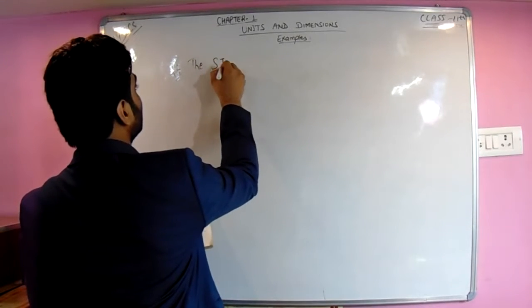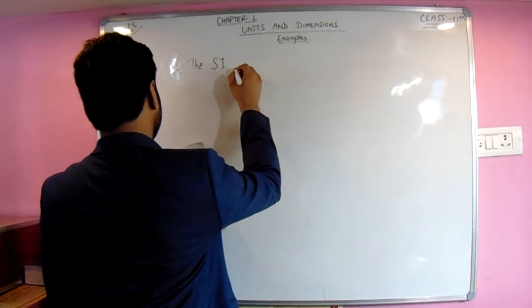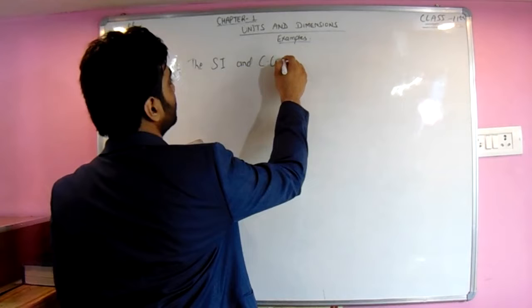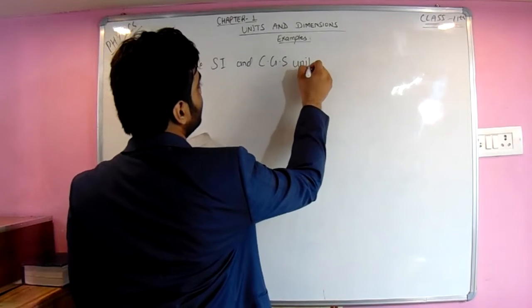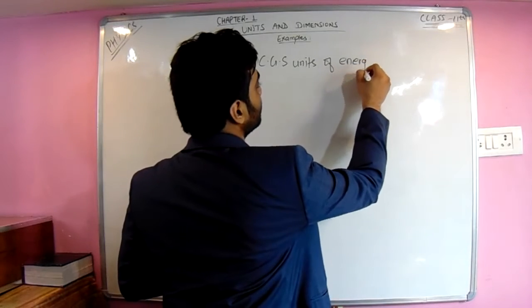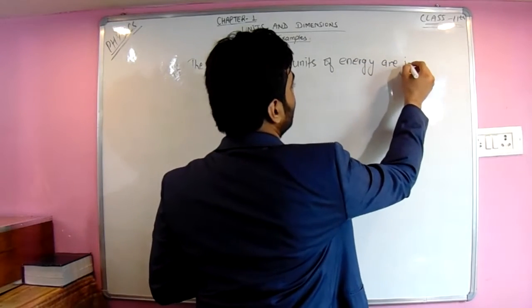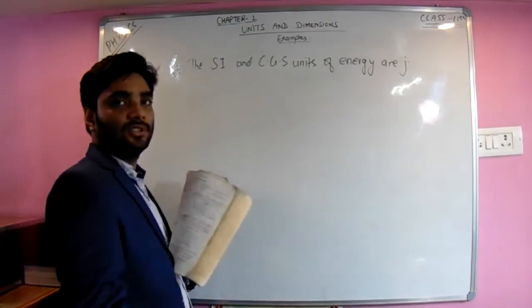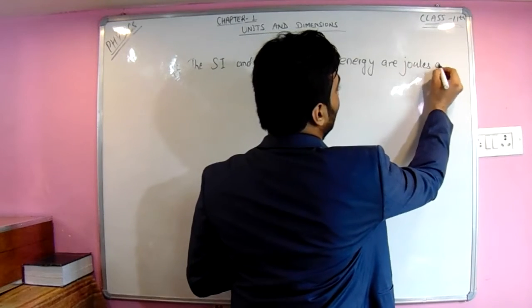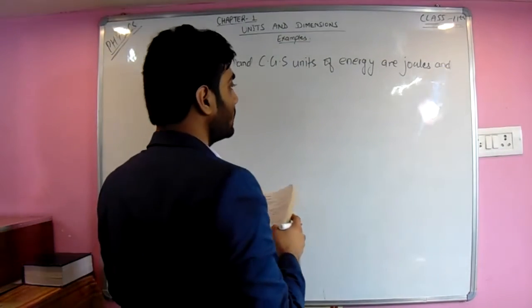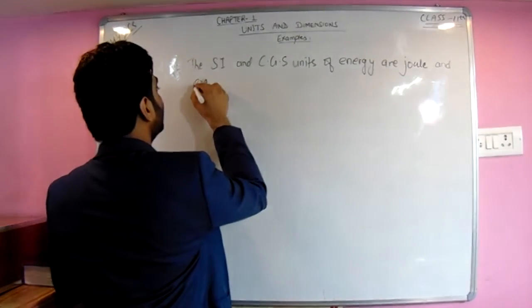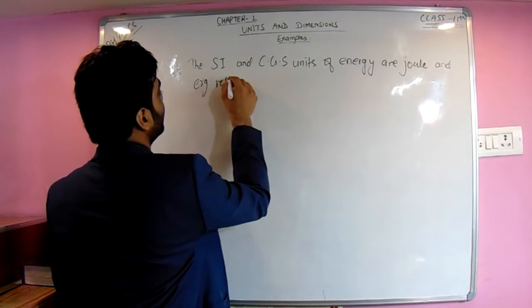The SI is the standard international unit, and CGS units of energy are, here it is given, joule and erg respectively.